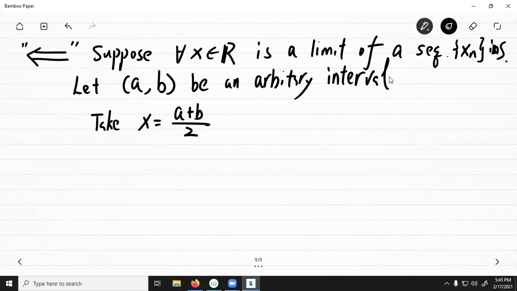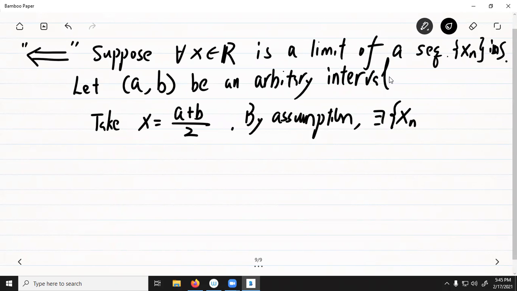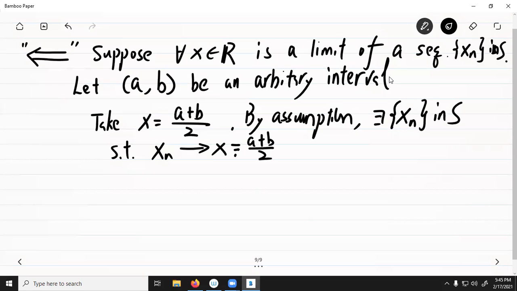From the assumption we have, this one must be the limit of a certain sequence in S. So by assumption, there exists a sequence xn in S such that xn is convergent to this x, which is equal to a plus b over 2.